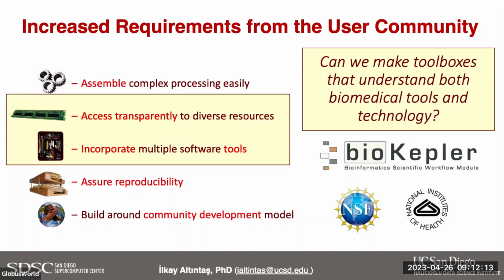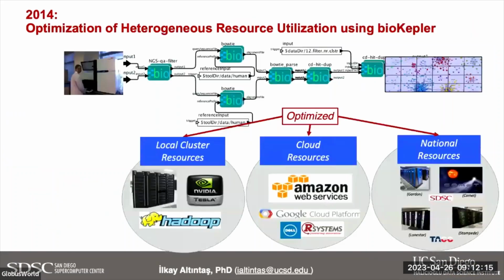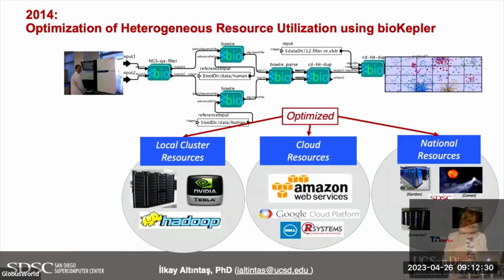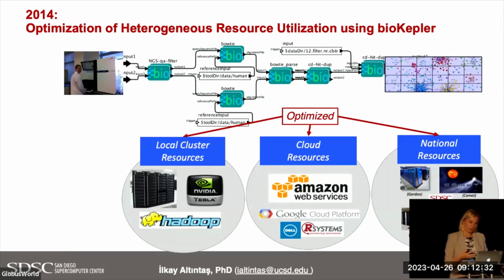And at the same time, how can we optimize across these environments that we need? At that time, we had local CAMERA clusters, but we were using national resources. We were using cloud resources in AWS at that time, and Google Cloud. So how could we compute across them through this one gateway environment?